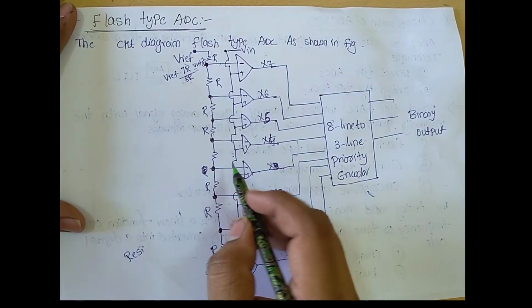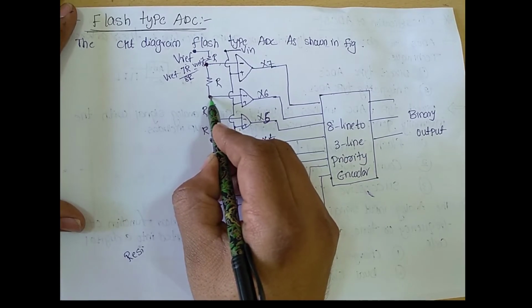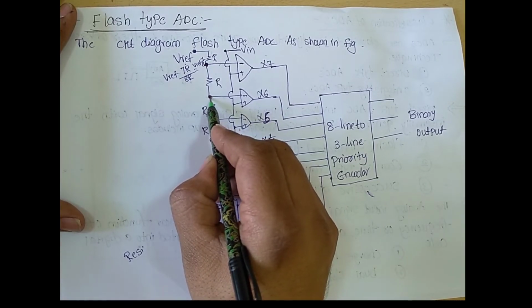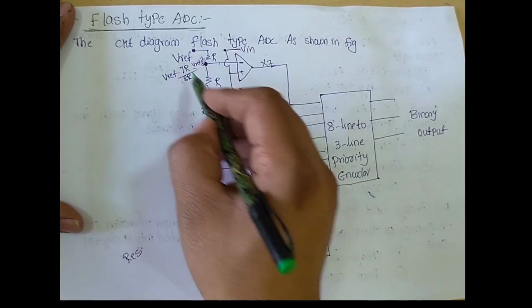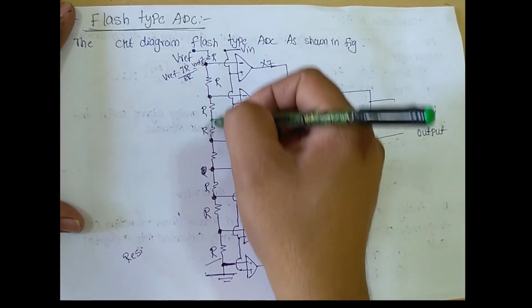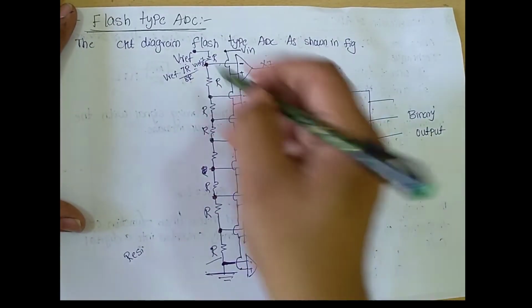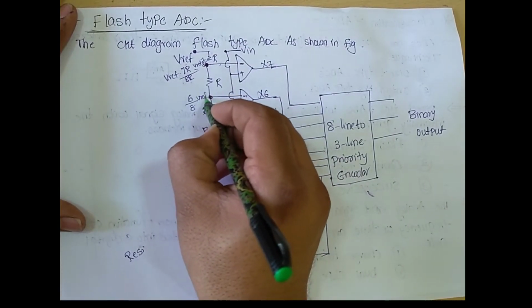Similarly, we estimate the next node voltage, again applying the voltage division principle. We take the total voltage times the branch resistance divided by the total resistance in the network, so we get 6 by 8 into V reference.